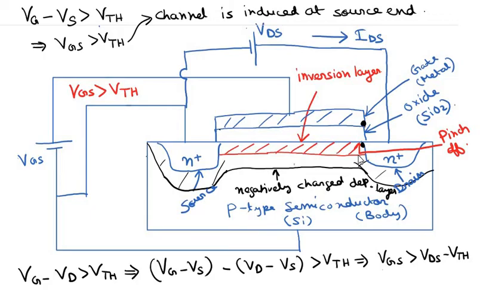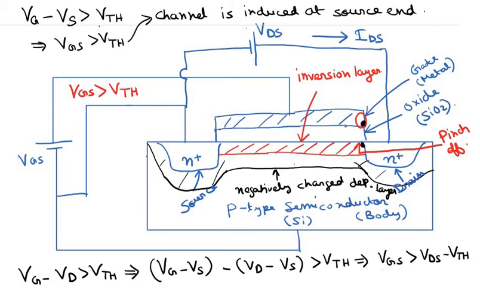I repeat again, if the potential at the drain increases, then the potential difference between the gate and this part of the body which is attached to the drain decreases.